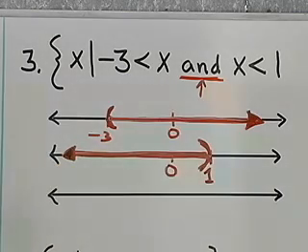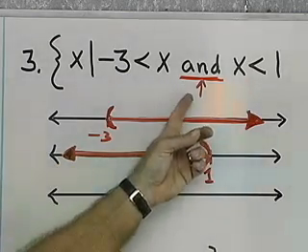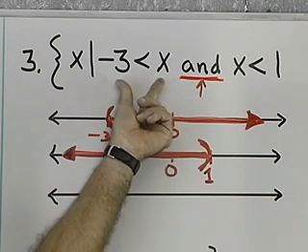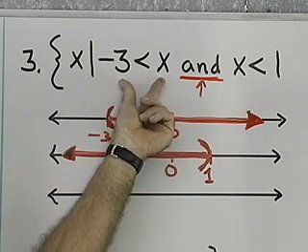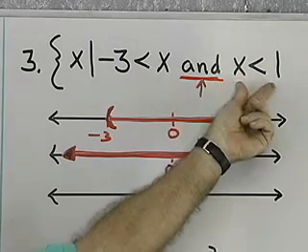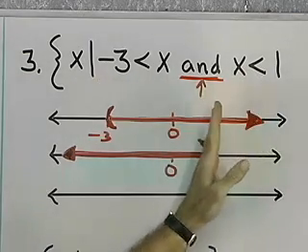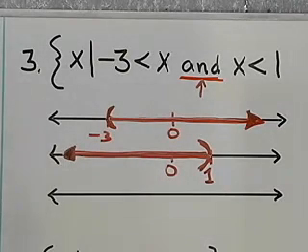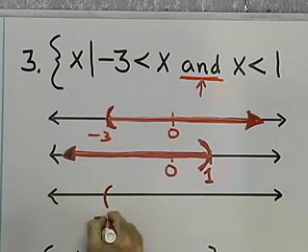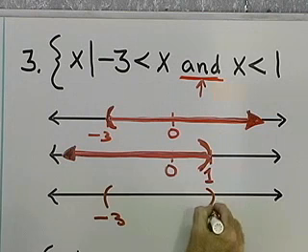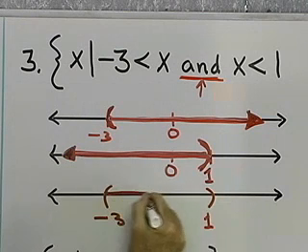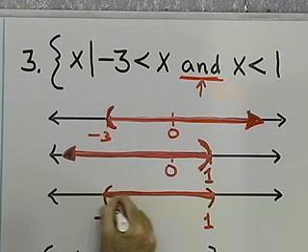These two inequalities are connected by the word and, which means that I want all the real numbers x that do this and also do this. So I want all the numbers that are both above -3 and at the same time less than 1. So that's going to be all the numbers from -3 up to 1, not including -3 and not including 1.